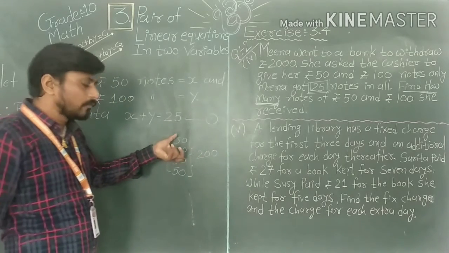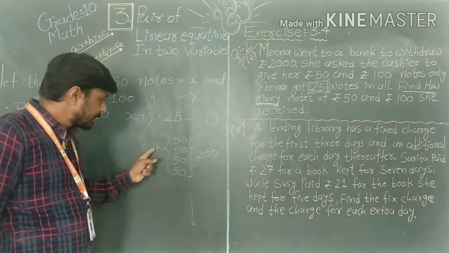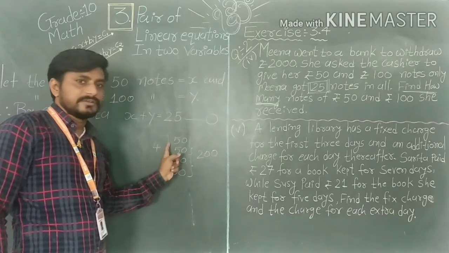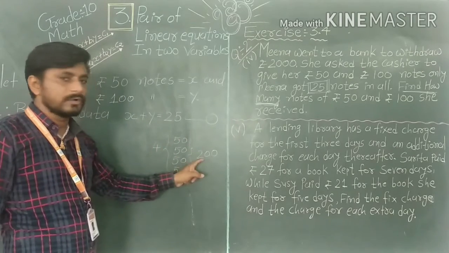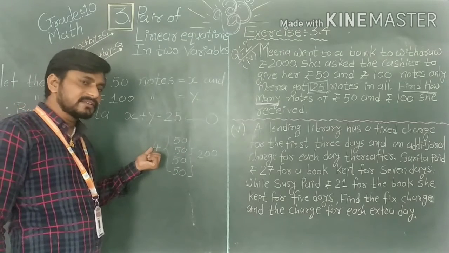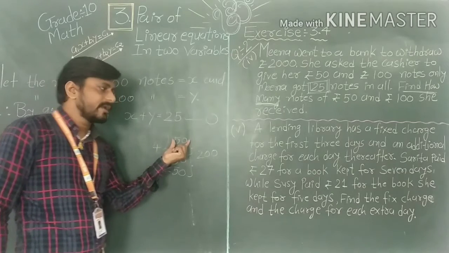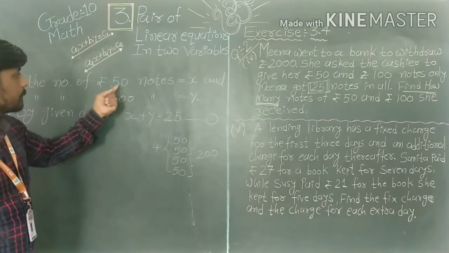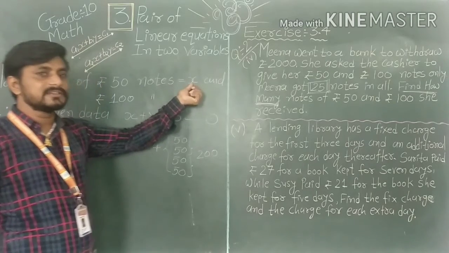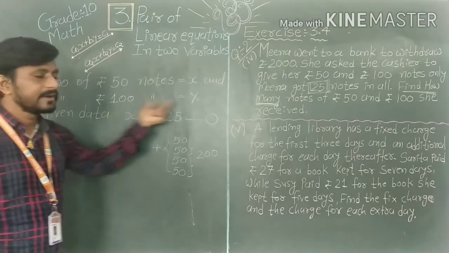What do we do here? We do multiplication of the number of notes and the currency. 4 times 50 is 200. Simple way: multiplication of the number of notes and the currency. Here the number of notes is X and the currency is 50, that means total money 50X. In a similar way, 100Y.